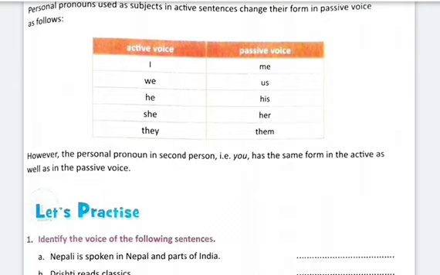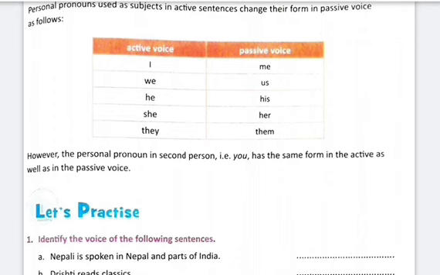So this is passive form of the verb. So the sentence also is in passive voice. Okay. So the rest of the exercises of number 1 you will be solving on your own. And at the end of the class I will share the answers. You will check whether you have done it correctly or not.